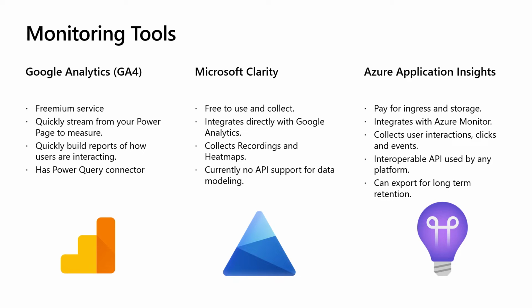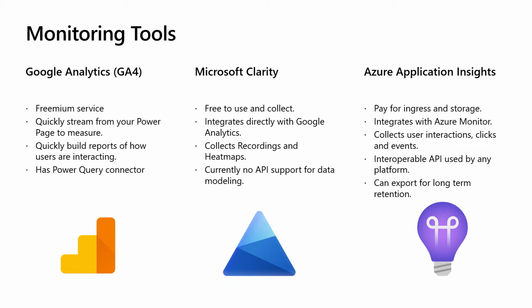Finally, we get into Azure Application Insights. You do pay for the ingress and storage within App Insights. It does integrate with the Azure Monitor family. It collects user interactions, clicks, and events, very similar to Microsoft Clarity. You can build heat maps and so on using some of the plugins that are available with Azure Application Insights. It does work with pretty much any platform that you want. So it has an API that can be used with Node.js or Python, or in our case, a Power Pages or Power Apps portal.